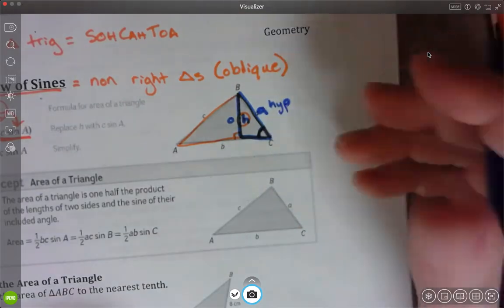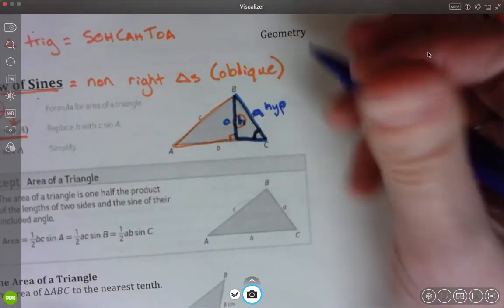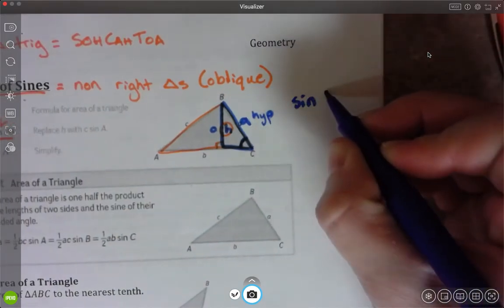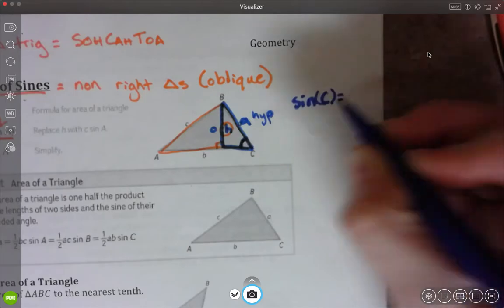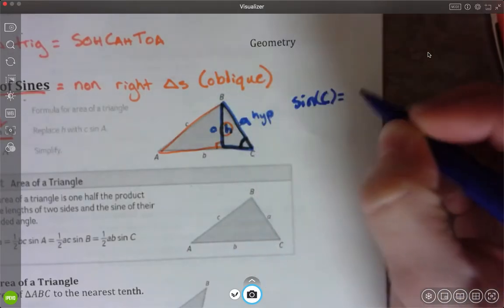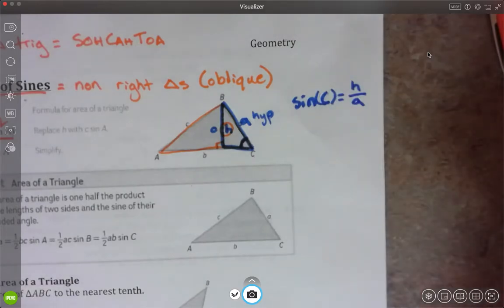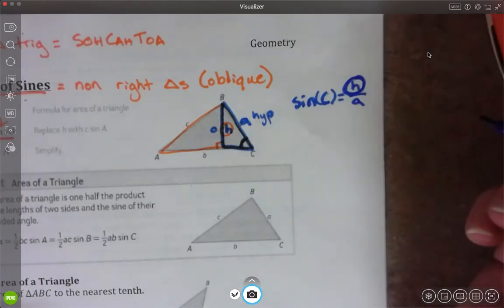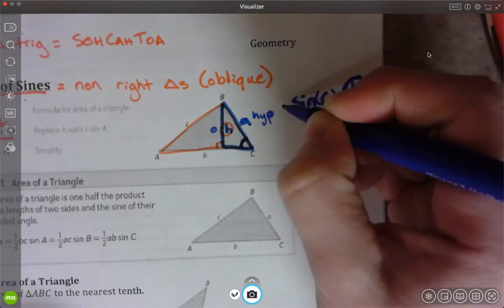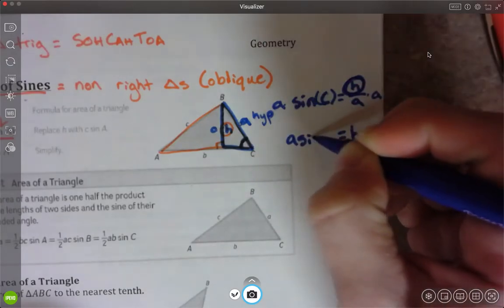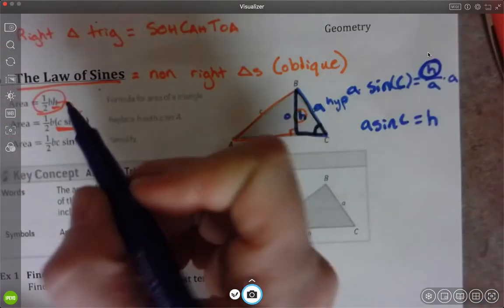The trig function that uses opposite over hypotenuse is sine. So sine of angle C is equal to the opposite, H, over the hypotenuse, A. Now, if we're trying to solve for H, we would just multiply A to the other side. And so we can write H as A times sine of C, which is how they have it written here.